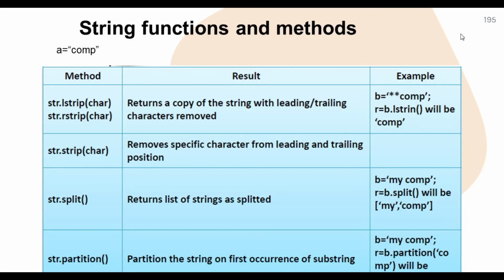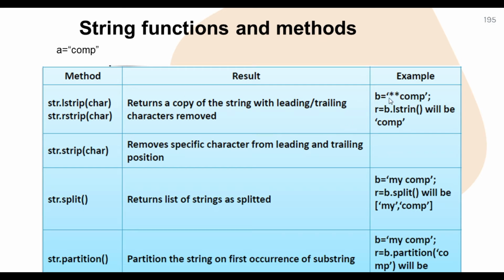Now, student, we are going to understand the most used functions of the string today. Here str.lstrip and str.rstrip. In this particular function, you can see the prototype, student. The character will be passed inside that. It will return a copy of the string with the leading and trailing characters removed.